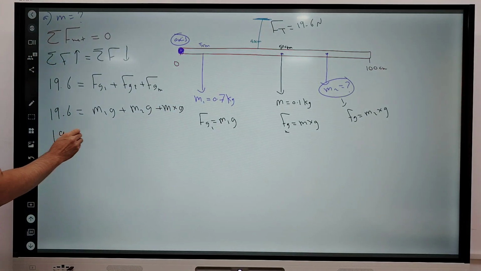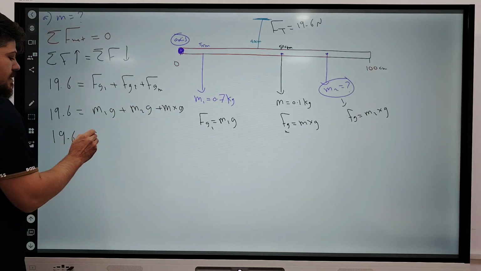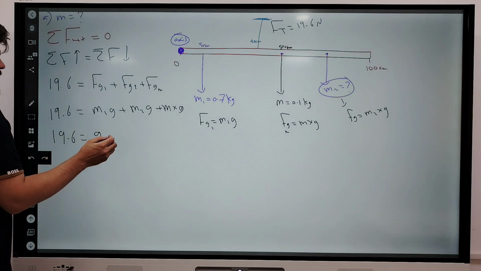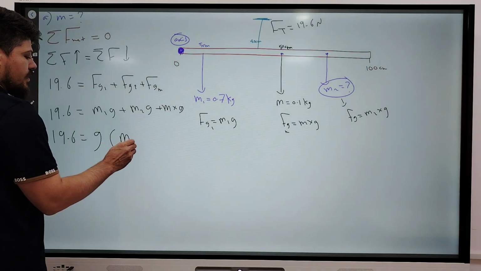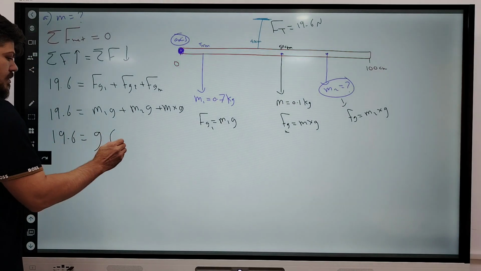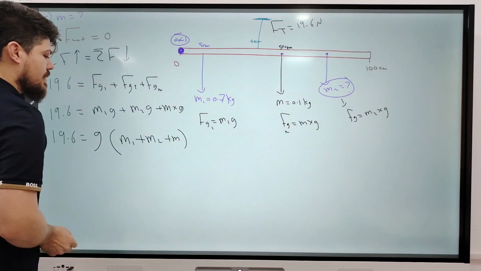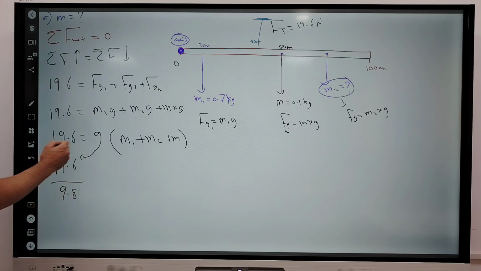We can take g as a common factor because g is the same. What remains is m1 plus m2 plus the mass of the meter stick. So 19.6 is divided by 9.81, this gravity, so it goes to the other side.